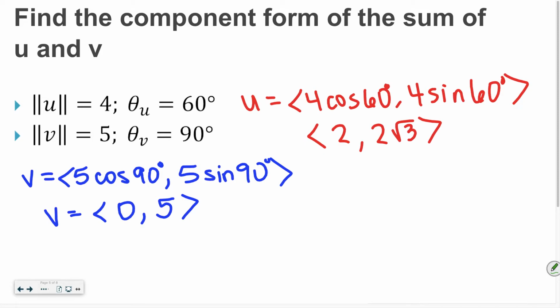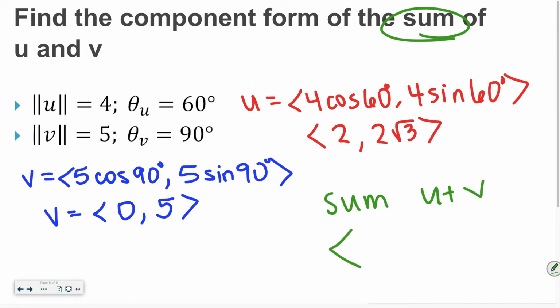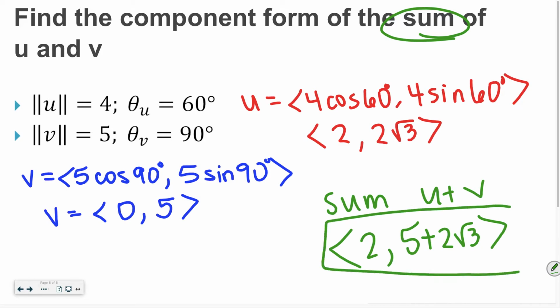Now that we have the component forms, we can find the sum. So our sum, U plus V, is going to be 0 plus 2 and 5 plus 2 radical 3. But 5 plus 2 radical 3 can't actually be added together, so we're going to have to just leave it written as 5 plus 2 radical 3. And that's what I would expect. Okay? Since we can give it exact, I'd like us to go ahead and do that.